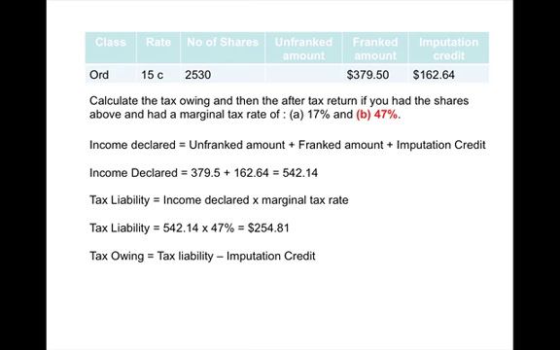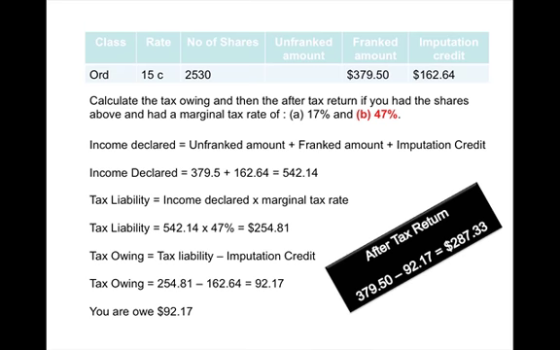Your tax owing is your tax liability, take your imputation credit. So it's $254, which you should be paying, take $162, which you've already paid in the imputation credit, which gives you $92.17. So you owe them $92.17. You've got to pay an extra $92.17.